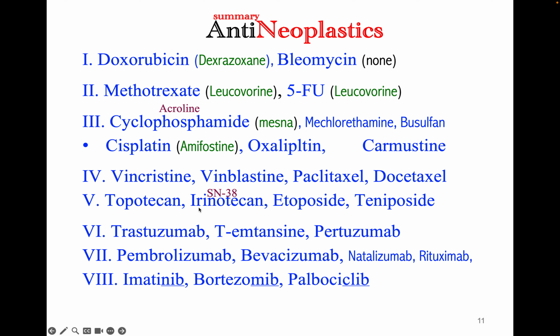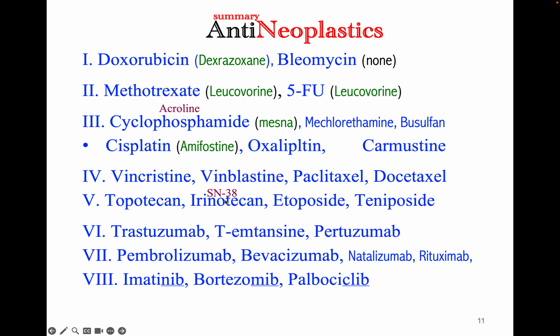Okay, one more time. Irinotecan is a prodrug, but it is also active. It can kill cancer cells. But once it gets into our body, the liver metabolizes irinotecan into an active agent called SN38, which can damage our digestive system or GI tract. Remember it that way.